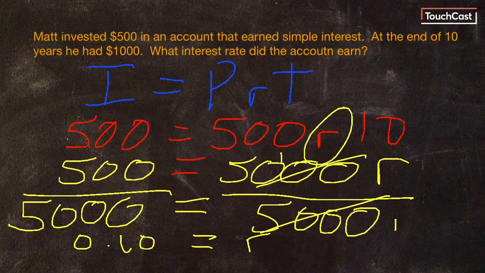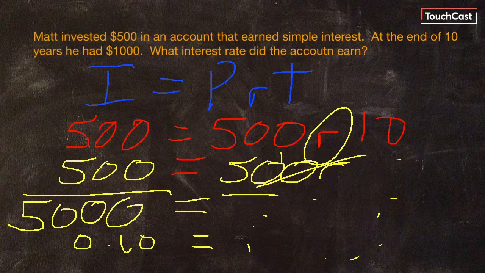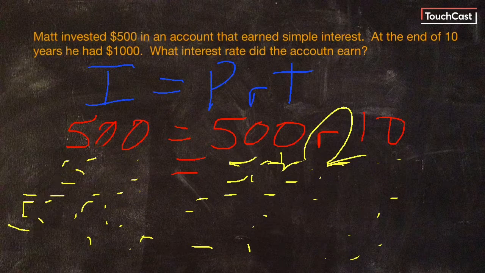So this tells me that the interest rate that Matt was earning on his account was 10%. Simple as that. You could do a similar kind of thing with a compound interest formula.